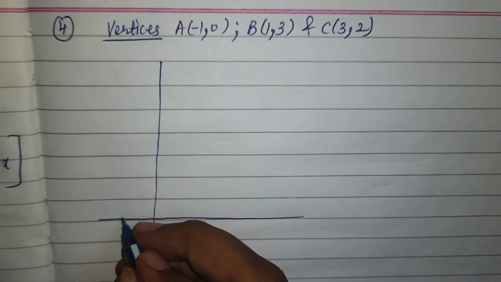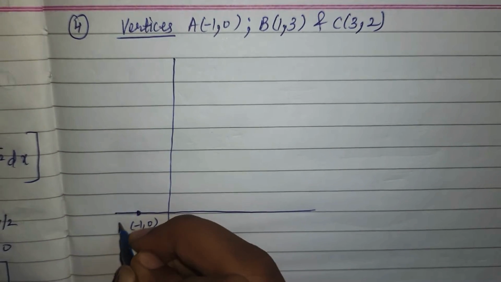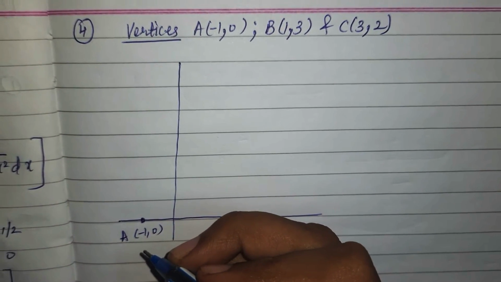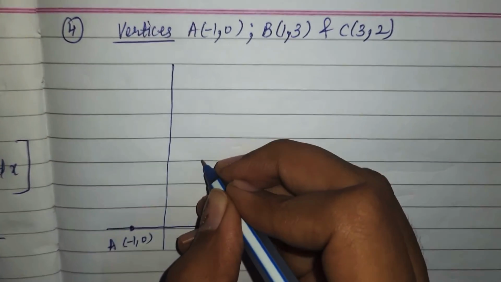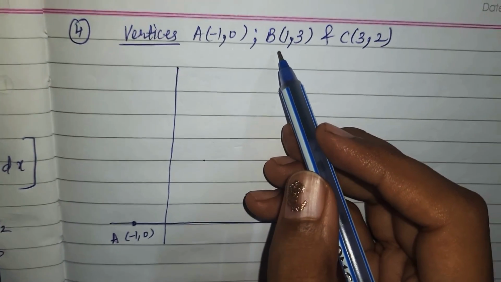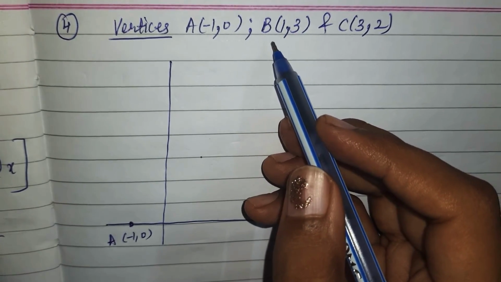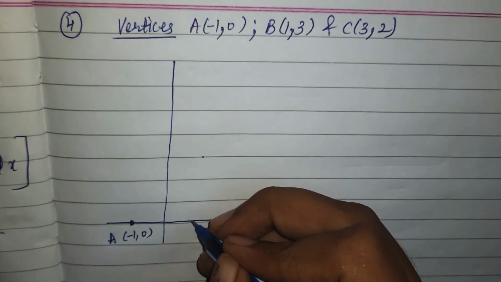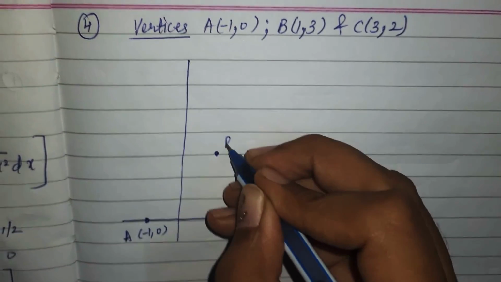Let's suppose minus 1, 0. This is your minus 1, 0, let's suppose this is your A. After that 1, 3. Let's suppose this will become your B, which is 1, 3.